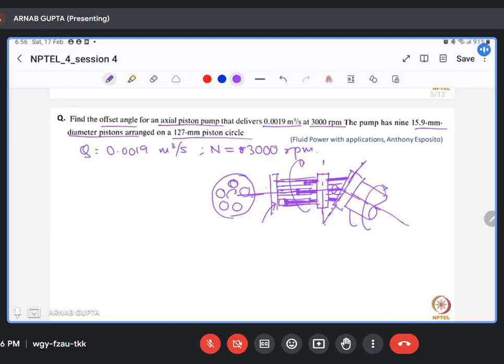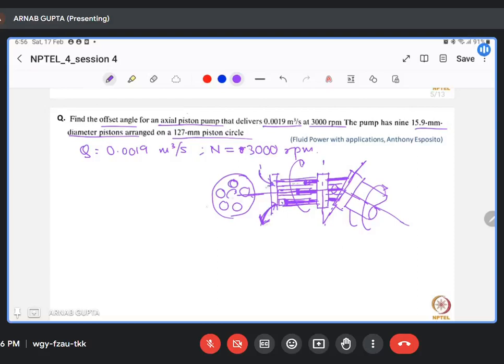As a result, suction happens at one side, where the pressure falls and the volume increases, and discharge happens where the volume is getting compressed. That is how it takes place.